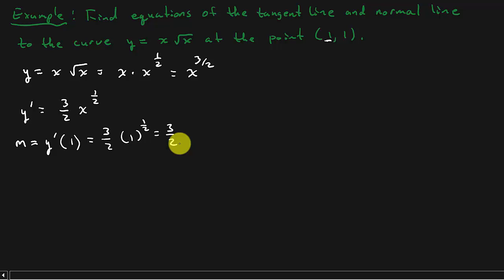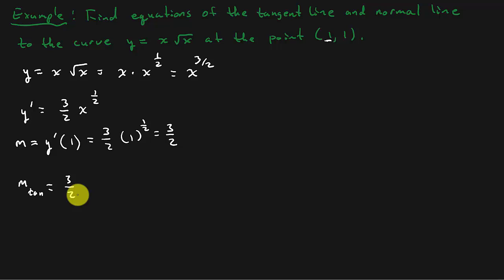All right, so they're asking us to find the equations of the tangent line and the normal line. So what I found here is m tan is equal to 3/2. I put a subscript tan to let me know that's the slope of the tangent line.